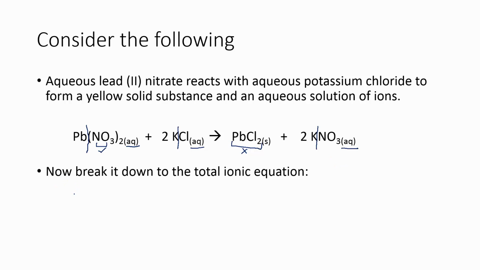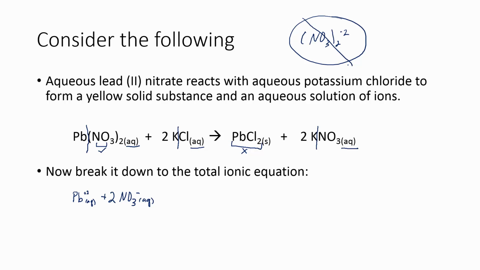So let's break this down. We have 1 lead +2 ion, which is aqueous. We have 2 nitrate ions, which are aqueous. They're separated from the lead, so they don't stick together anymore. We don't want to write something like this. That is not what you want to write. You want to show those nitrates as being individual entities, which they are. So this 2 coefficient goes in front because of that subscript in the original formula.